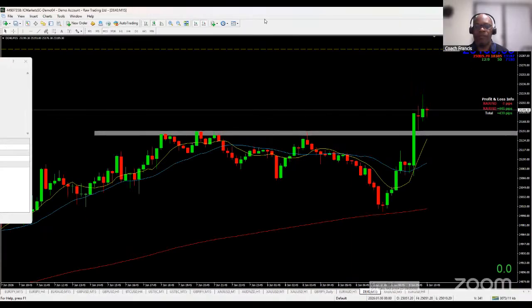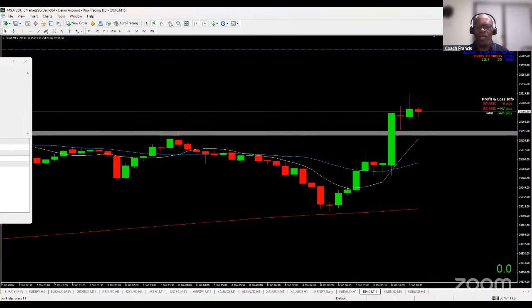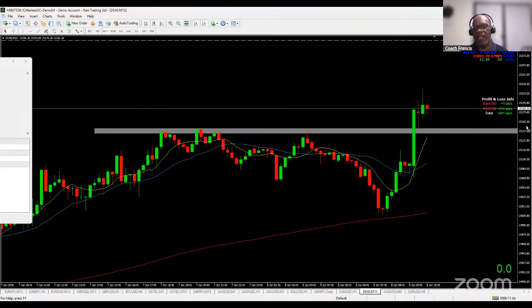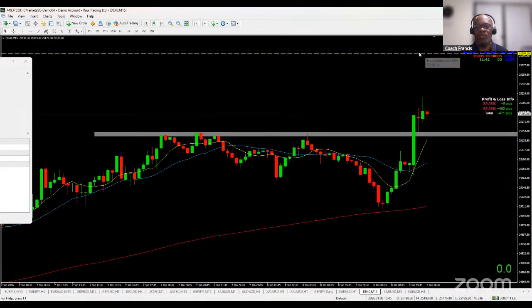So just to give you an idea of how I'll be looking to trade these trades that we're not in yet, if we consider this DAX German 40. If price comes back here, because this is going to be going up, like I say, I believe it's going to be pushing to this area at least.